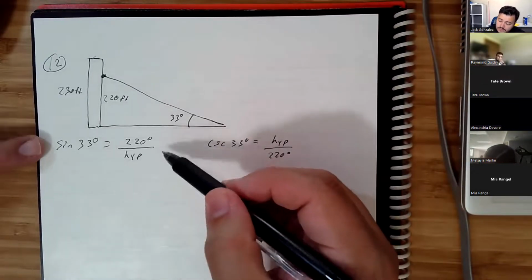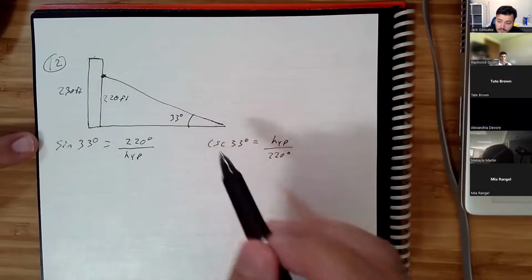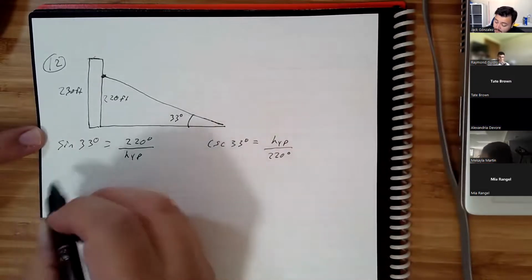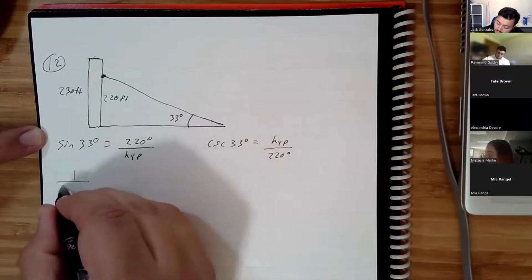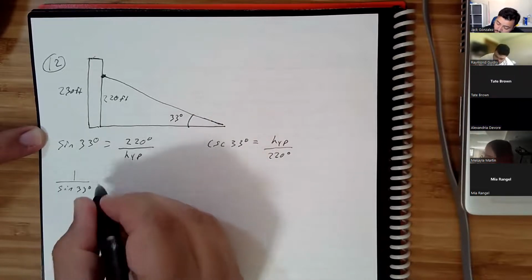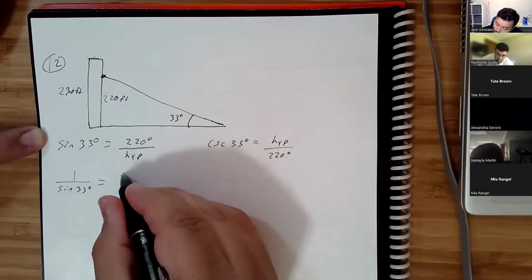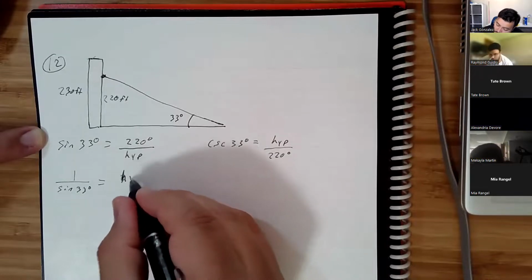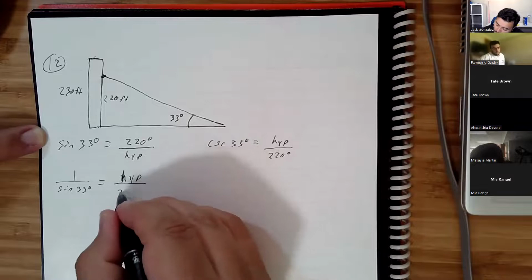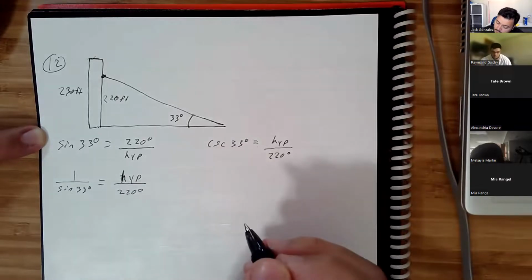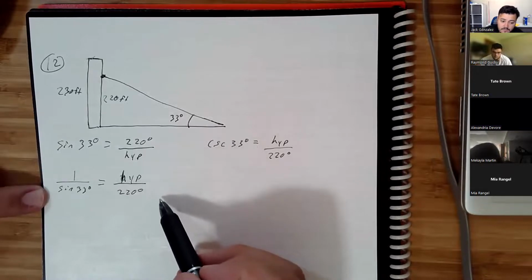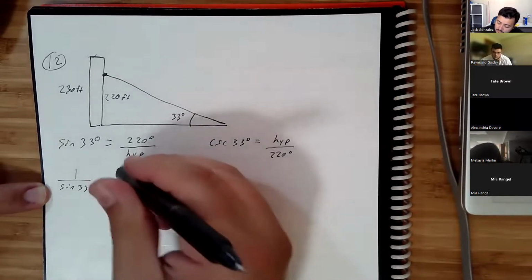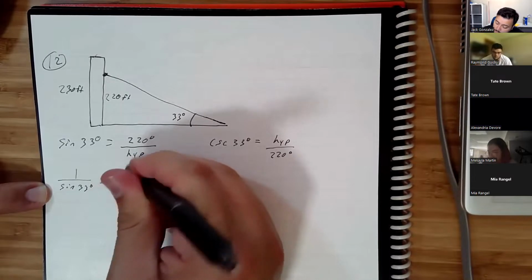So I'm going to take the reciprocal of both sides or cross multiply, however you want to think about it. I don't care. You're going to get 1 over sine. Right, if I flip both sides over, get to here, that looks like the weirdest H ever.